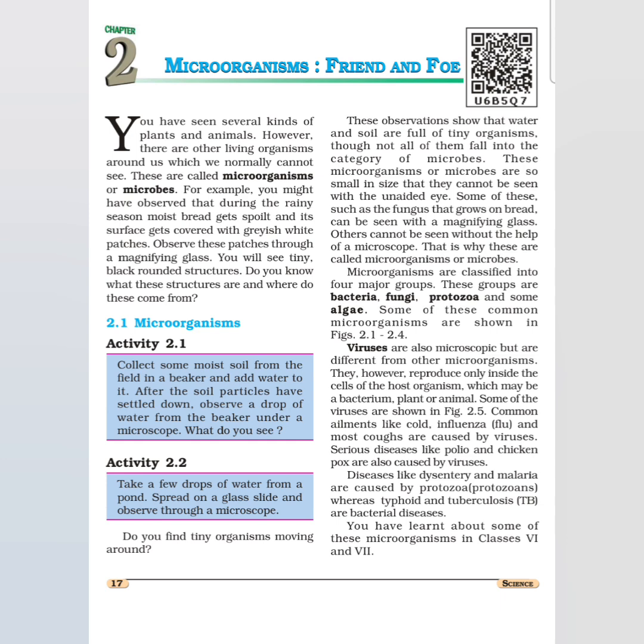Collect some moist soil from a garden and put it in a beaker and add water. After it settles, we take a drop of the water and observe it under a microscope. What will you see? You will see small moving structures, tiny living organisms.